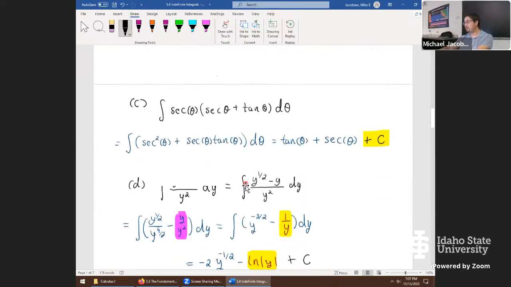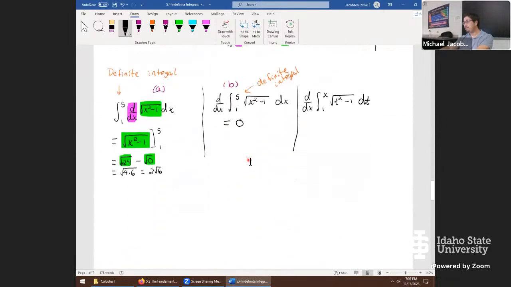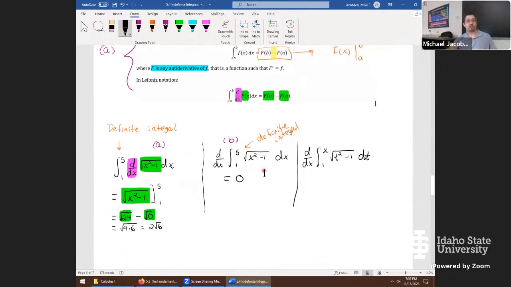But come down here, even if we took the massive amount of work to find the antiderivative on this thing, which is not easy at all but can be done, you would still differentiate the answer, which is a constant, and get 0 each and every time. So there's really no big formula for this.